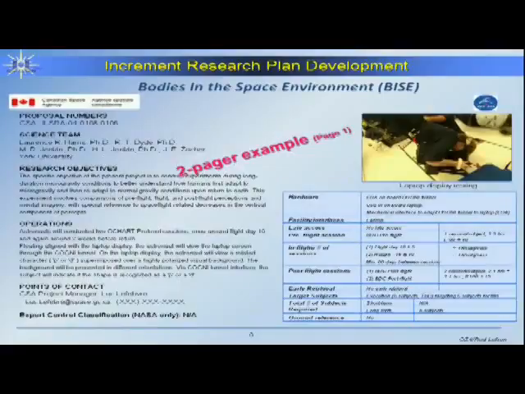We talked about the 2-pager, and here's an example of what a 2-pager looks like. In this case, it was for a Canadian experiment called BUSY, or Bodies in Space Environment. We look for things like proposal numbers, science teams, who the principals are, research objectives, and operations, in a summary 1-page form here on page 1.